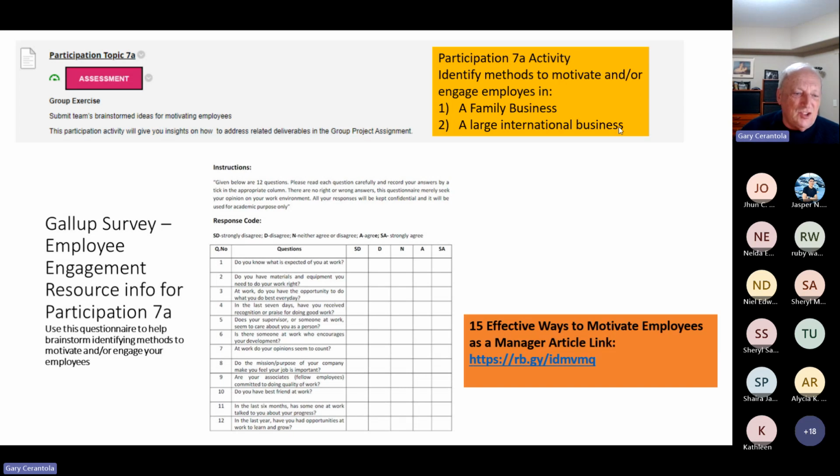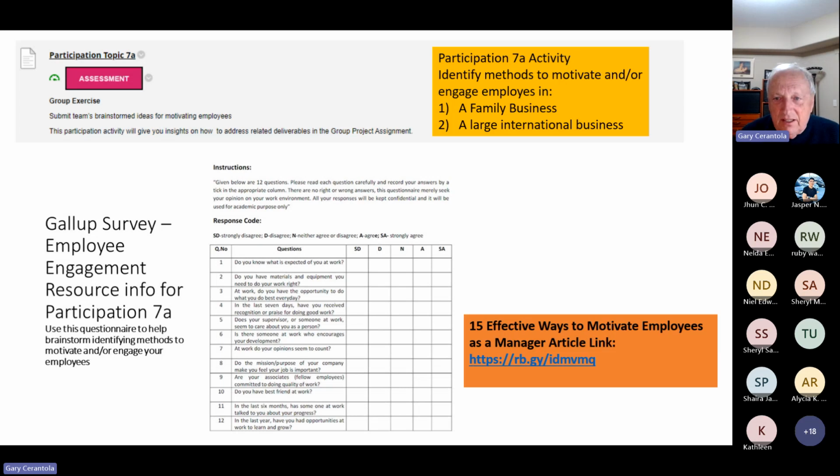We're trying to make the distinction between how a family business is run, which is more nuclear and in some cases more of an adhocracy, versus a large international business where there are very many people. So you're limited with face-to-face engagement, and you need to take other measures to get there. We wanted you to realize that distinction by doing this participation activity 7A.